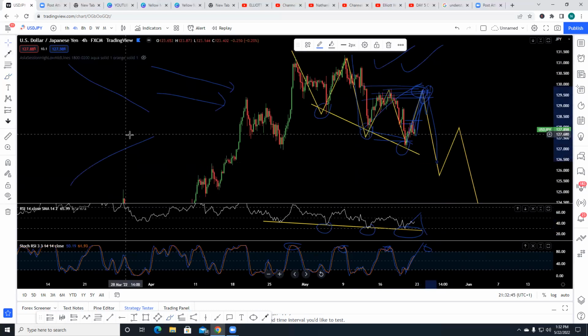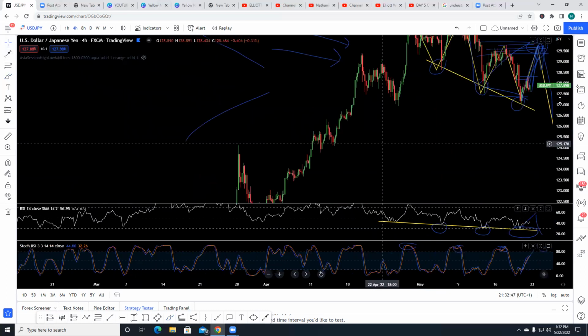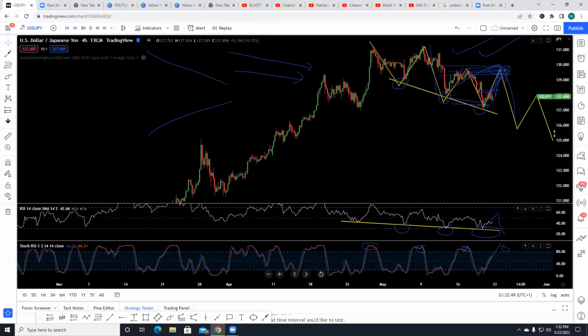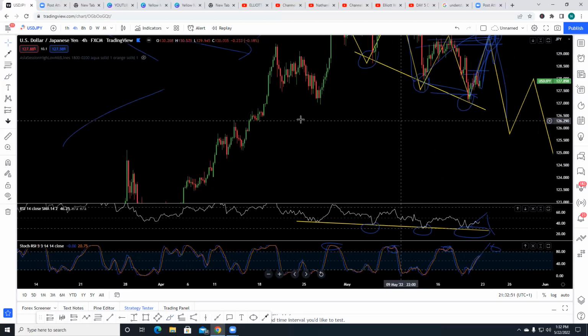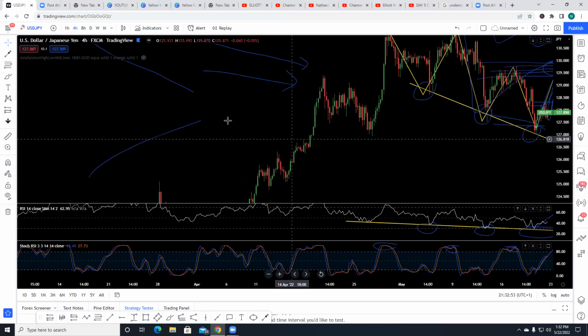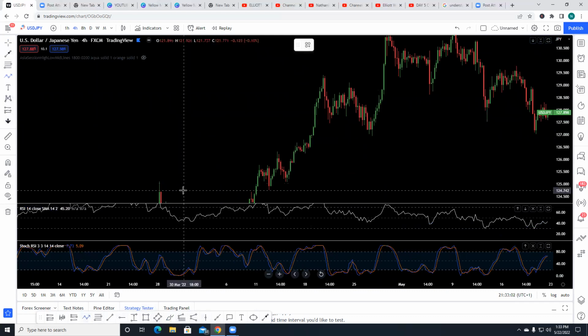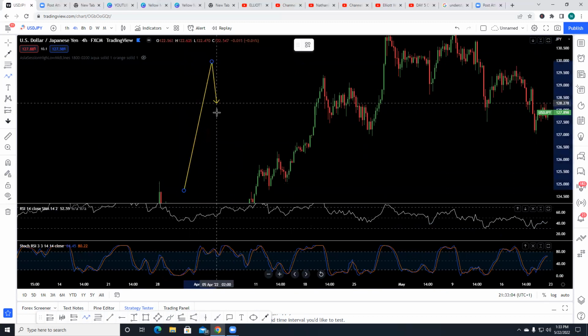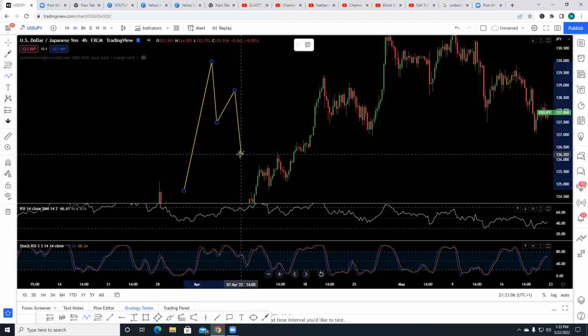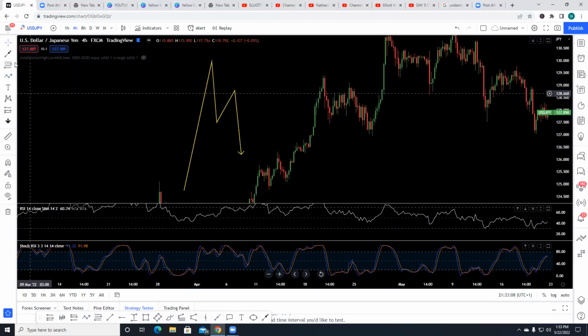Do you see now? Okay, let's use another example. Another thing you should know when using stochastic and stochastic RSI to confirm structure is this. If you have what is called a zigzag corrective structure, impulse 1, 2, and 3, this is a zigzag corrective structure.